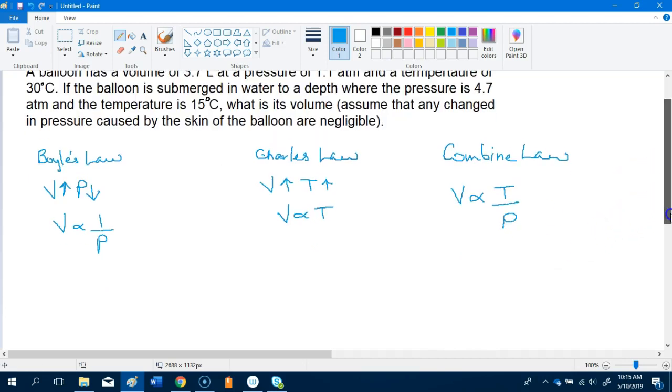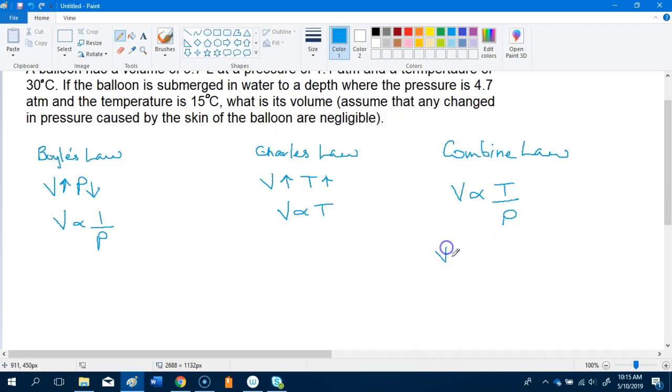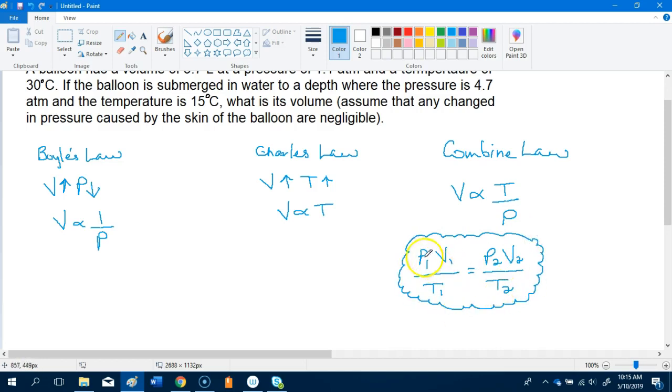We can put those together in the following formula: the initial pressure times the initial volume over the initial temperature is equal to the final pressure times the final volume divided by the final temperature. The great thing about the combined law is that we can look at how gases behave under these three variables: pressure, volume, and temperature. So let's look at how we can use this formula to solve a problem.